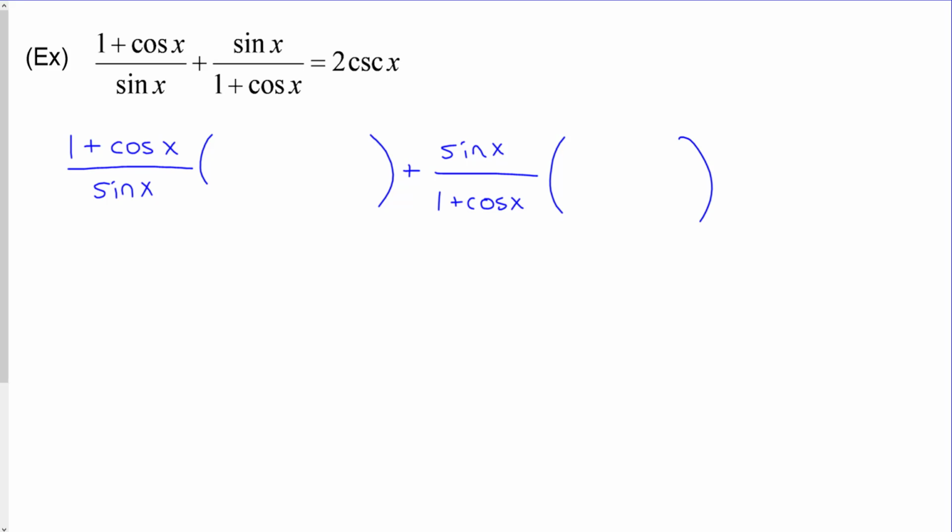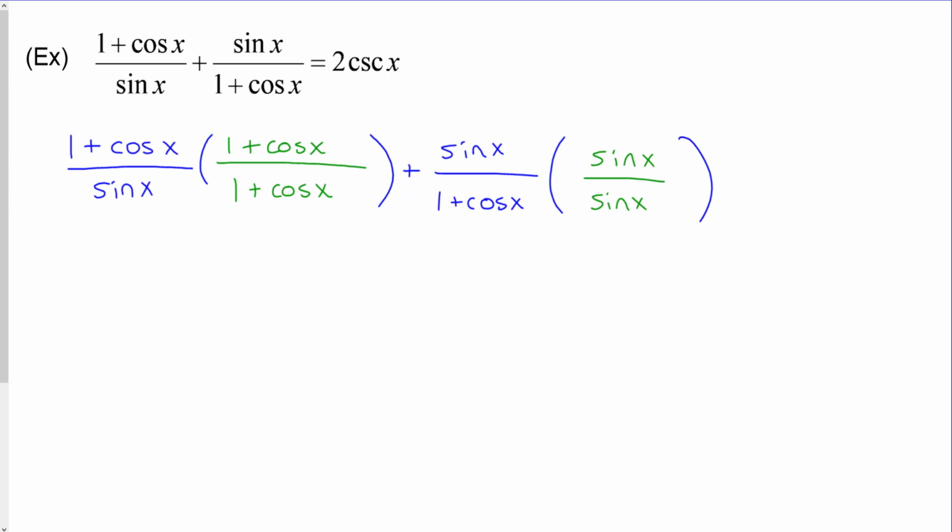So the first fraction would need to be multiplied by 1 plus cosine x over itself. The second fraction would need to be multiplied by sine x over itself.